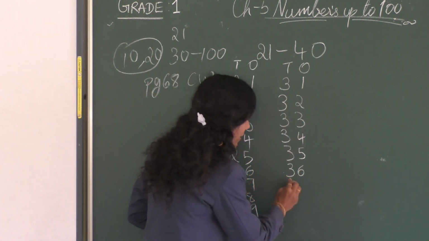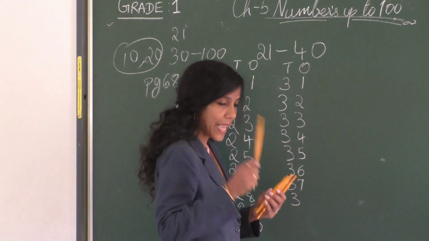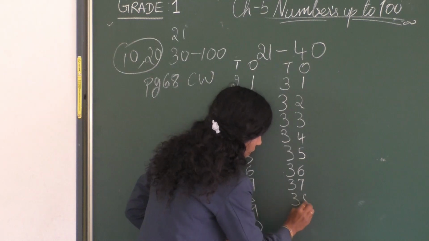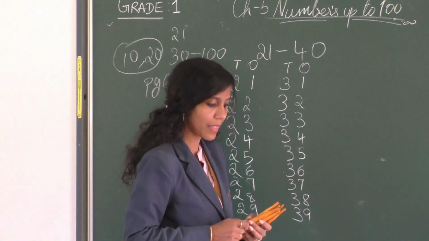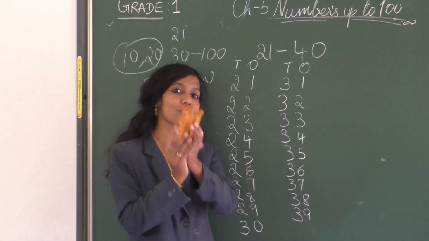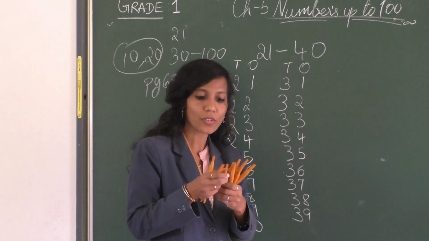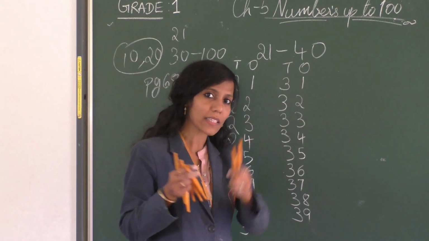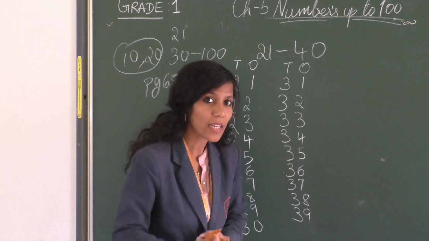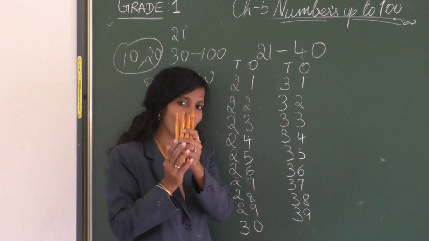Now 7, 8, 9. Now we have reached 9. So we count 1, 2, 3, 4, 5, 6, 7, 8 and 9. Now we are taking our last number, 10. Now we have 10 ones.